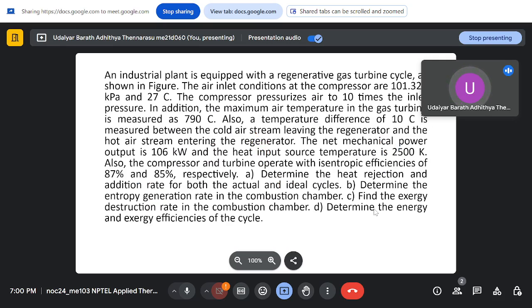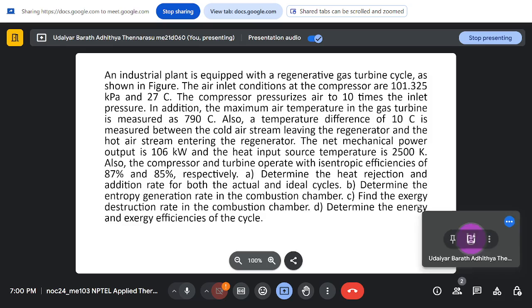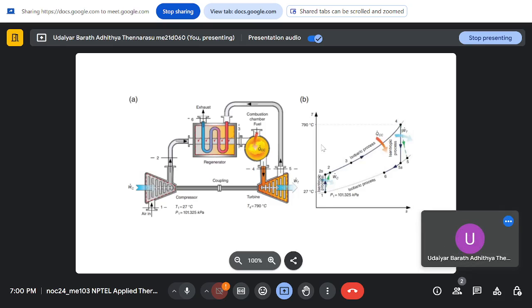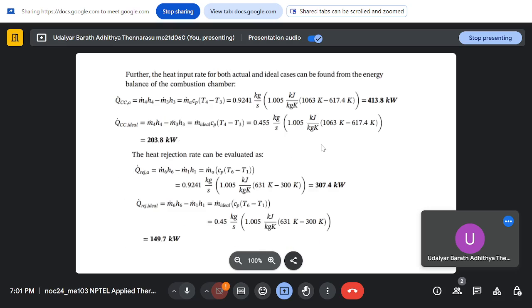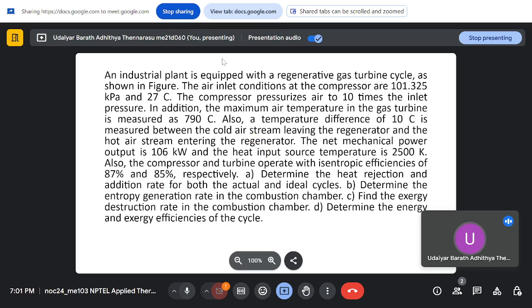An industrial plant is equipped with a regenerative gas turbine cycle as shown in the figure.